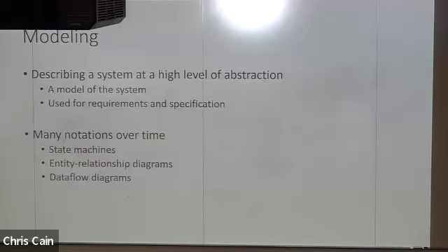Over time, the modeling languages have changed from state machines. The concept of state machines just says that you have some internal state representation. Here's where the program is right now. There are transitions between those states that are defined by actions that someone can take while operating the system.